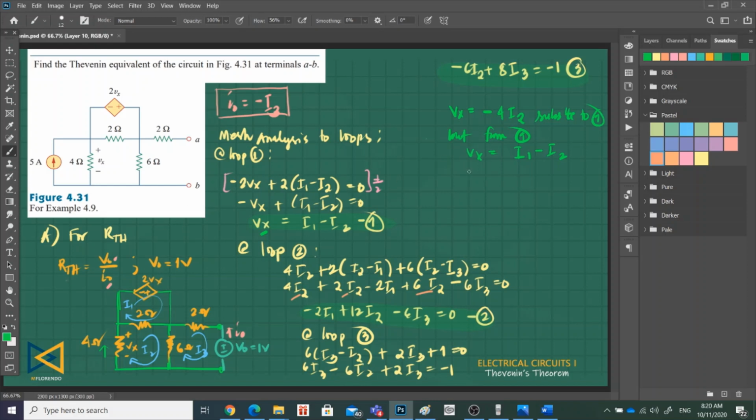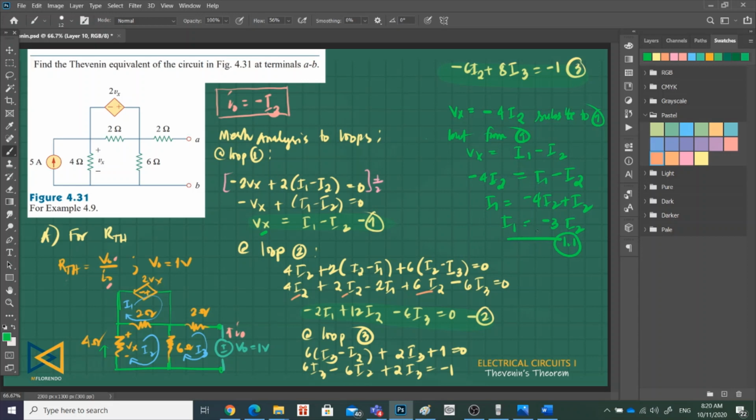Okay, so negative 4I2 is equal to I1 minus I2. Therefore, I1, okay, ito lilipat, negative 4I2 plus I2. So, I1 is equivalent to negative 3I2. So, let's say this is equation 1.1.